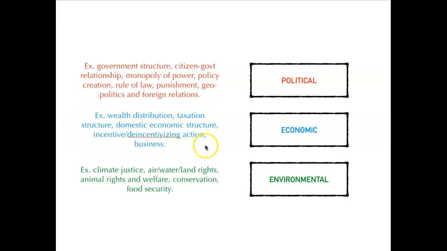The next area that shapes our social world and is considered a social contingent is the realm of economics. This shapes our structures of wealth distribution within a society, how the population is taxed, so the taxation structure, and the domestic economic structure, so what format the economic structure takes within a state.